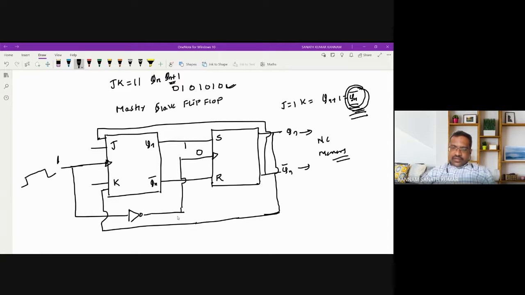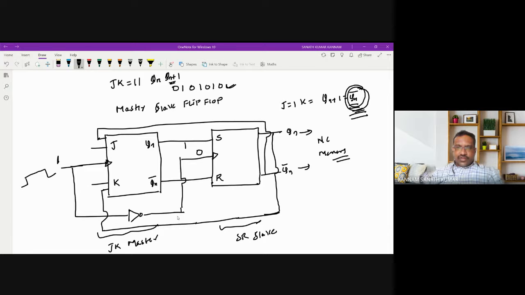Like this, we can remove the uncertainty or race around condition by using the master slave JK flip flop. JK is used as a master, and SR is used as a slave.